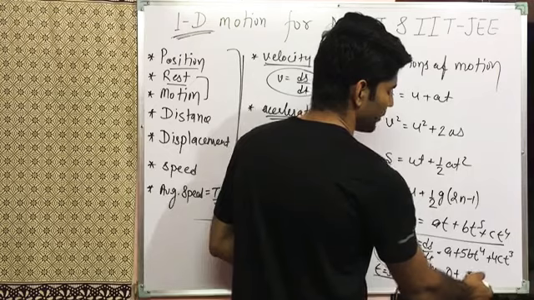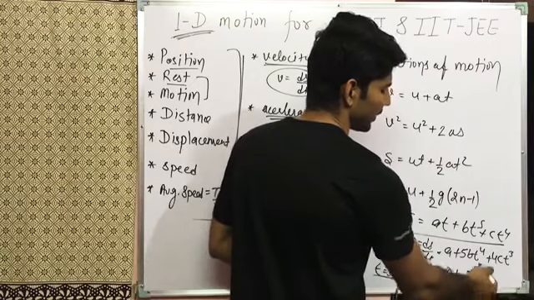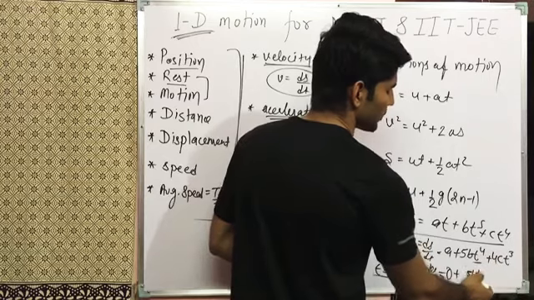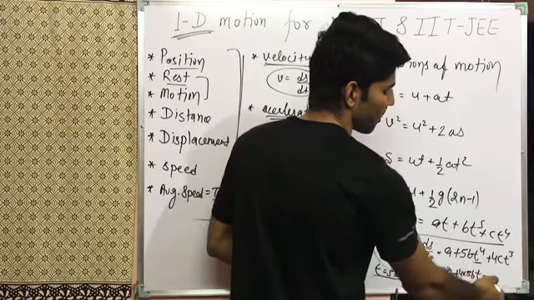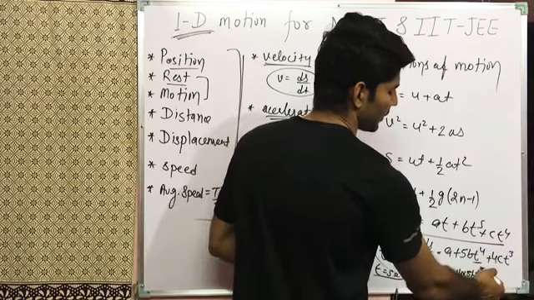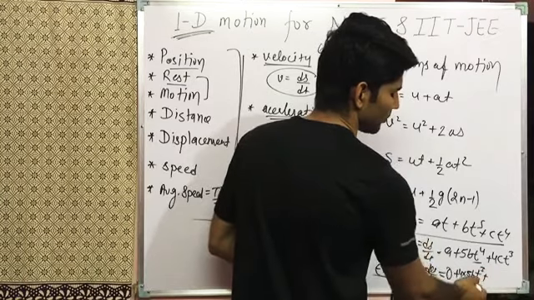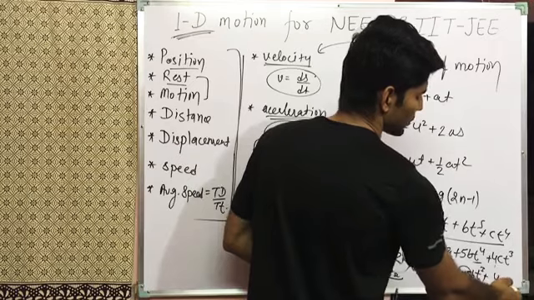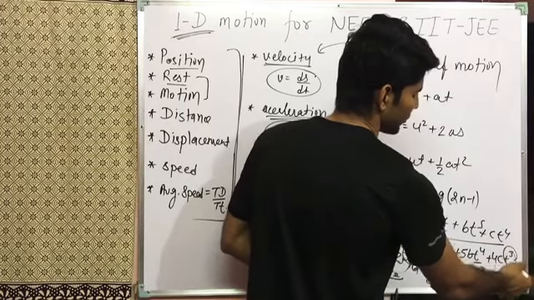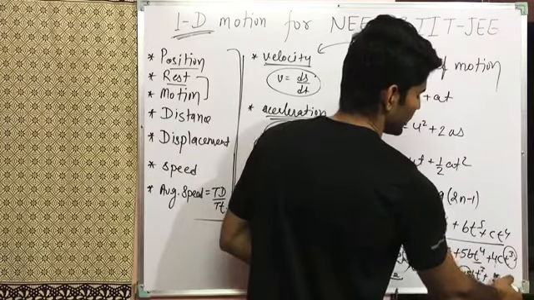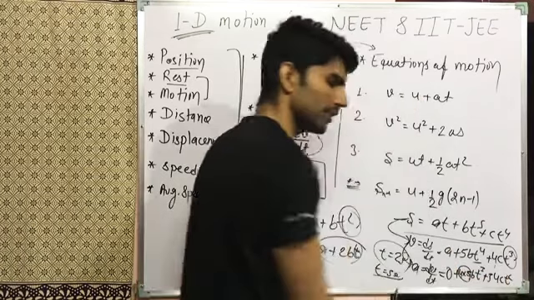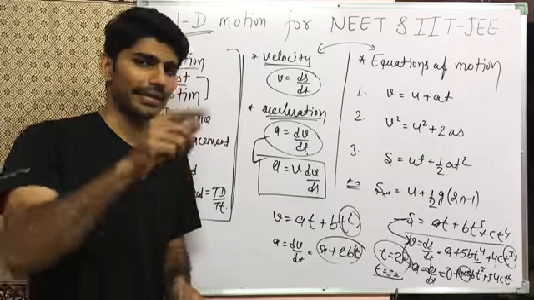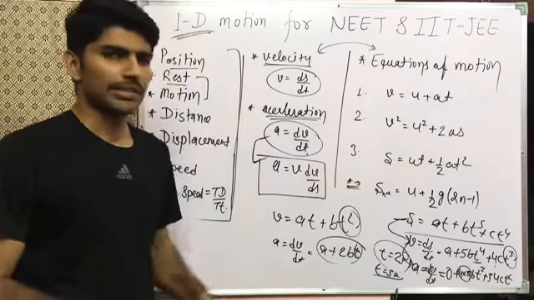Here 5b is constant, and the differential of t power 4 is 4 coming in front and the power decreased by 1, so it becomes t cube, so it becomes 20b t cube completely. And c is constant, and the differentiation of t cube is t square with 3 in front. So here is your acceleration, and you can put in the value of t and get the exact value of acceleration at any instant.